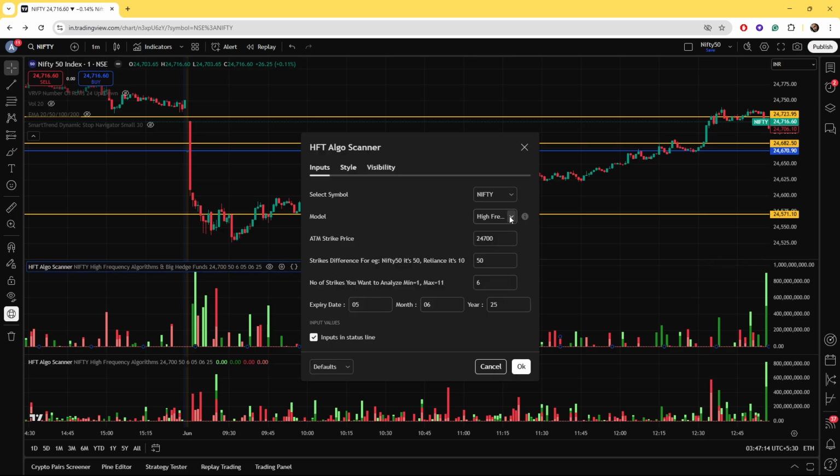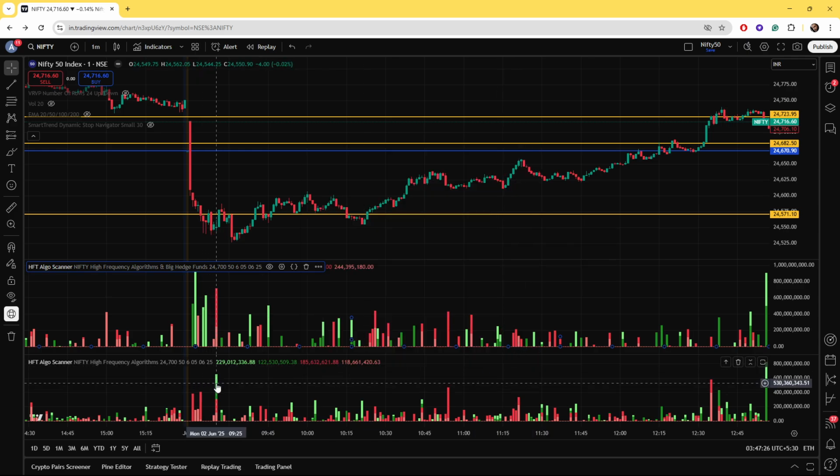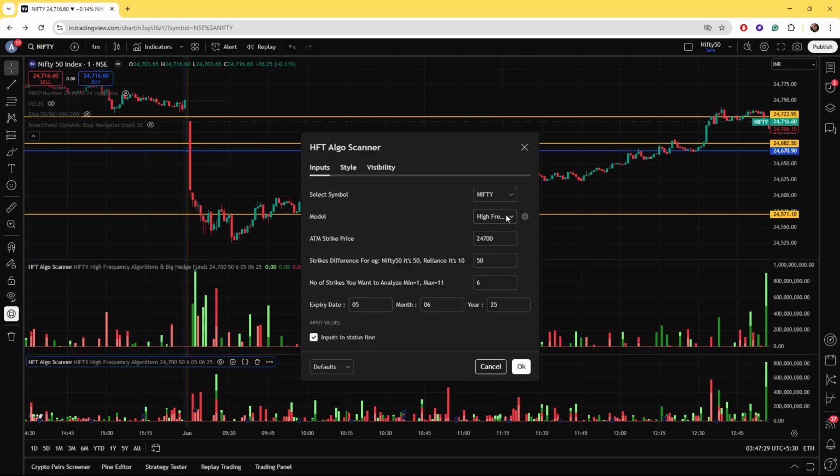Which two? Obviously we will be using the basic one that we are already using. It's not a basic, it's the best one. And in another one we will be using the high frequency one. The second model will only concentrate on the high frequency ones.